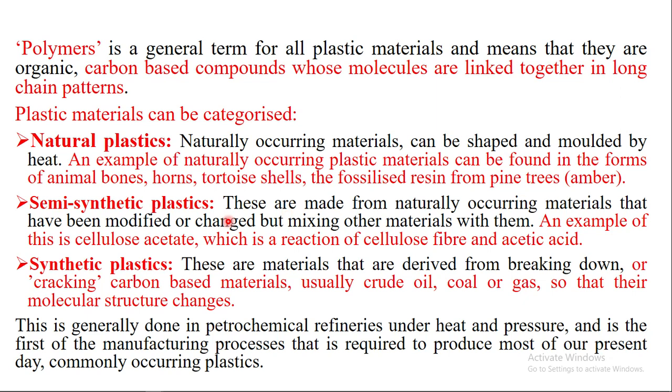The second type is semi-synthetic plastics. These are made from naturally occurring materials that have been modified. Semi means some part of the product is natural and the other part is man-made, or synthetic. It is modified by mixing other materials with them, so it is not totally natural or totally synthetic.